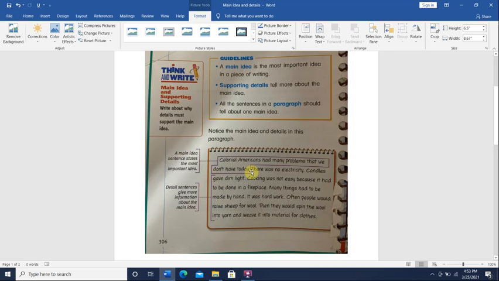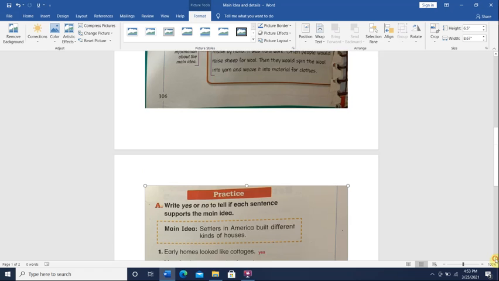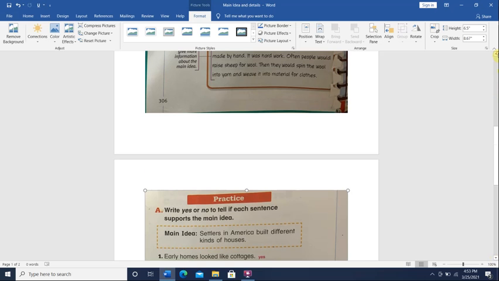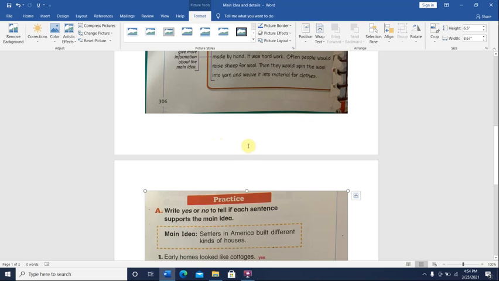The main idea. Next, on the next page, it says write yes or no to tell if each sentence supports the main idea or not. So now it gave you the main idea, and you will read the sentences to see if the sentence supports the main idea or has nothing to do with the main idea.